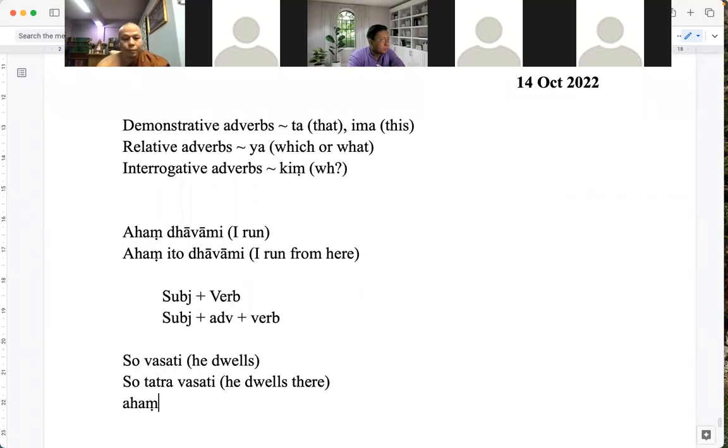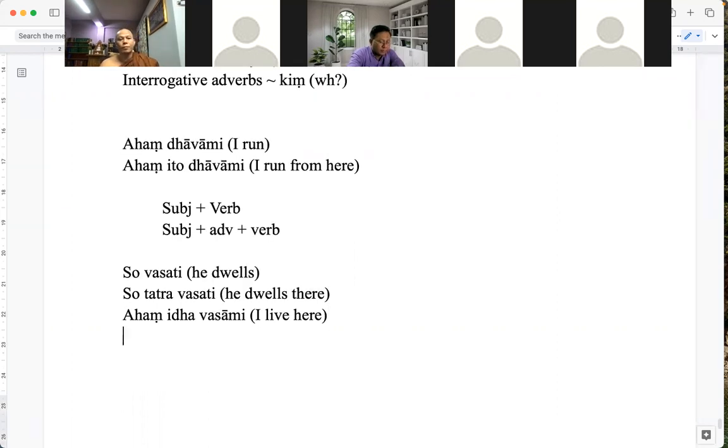Or 'aham idha vasāmi' means I live here in this way. And also those are for the local adverb, so they denote the location.